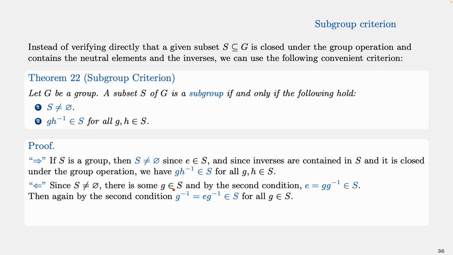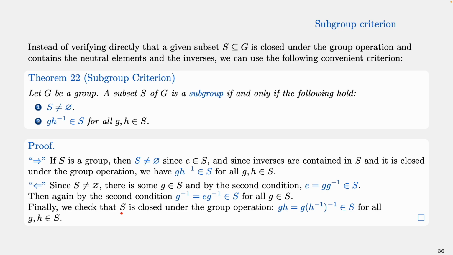So we find that g inverse for g in S is the same as neutral element times g inverse, but we know the neutral element is also an element in S. So by this property here, we find that this product, namely this element here, has to be contained in S. And this shows that for any element g in S, the inverse is also contained in S.